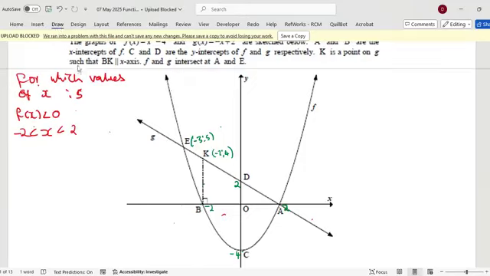Now, what if the question was saying f of x is greater than 0? It's saying, where is the graph of f, where is y positive? Greater than 0 means positive. Where does it start being positive?